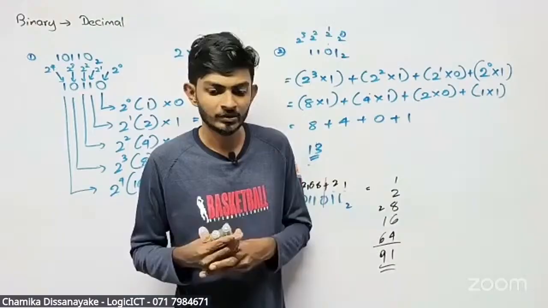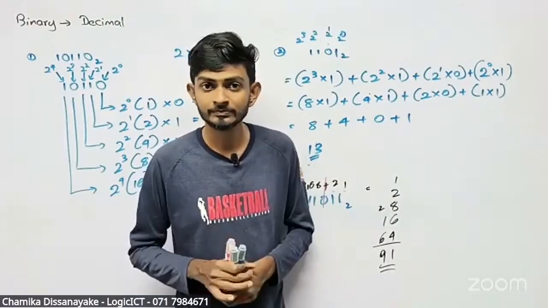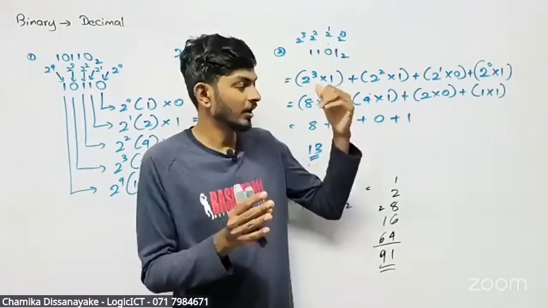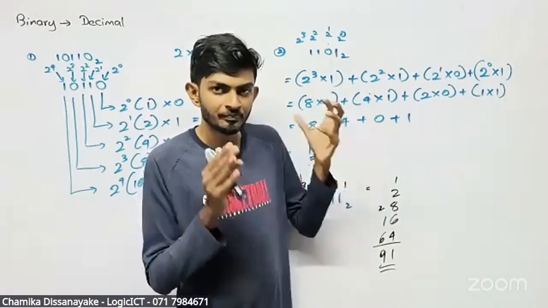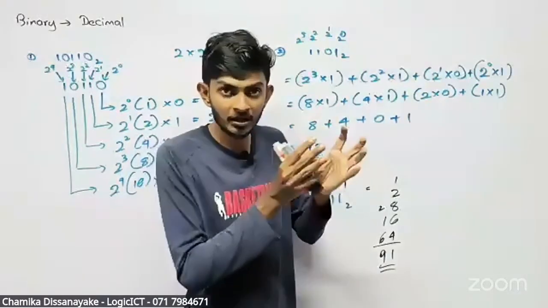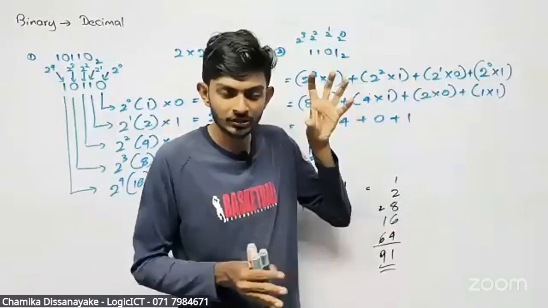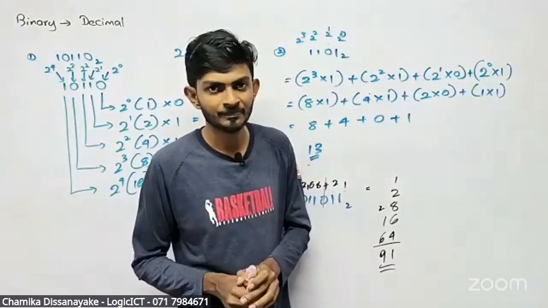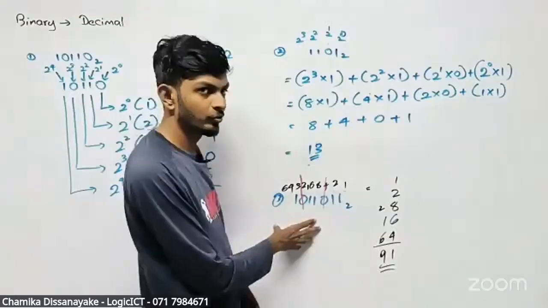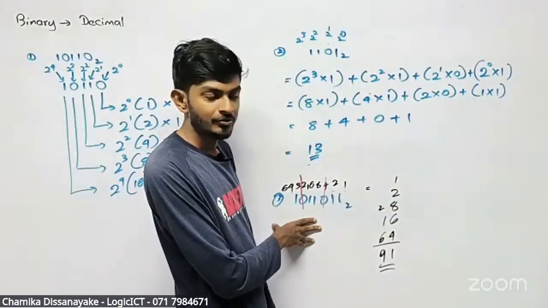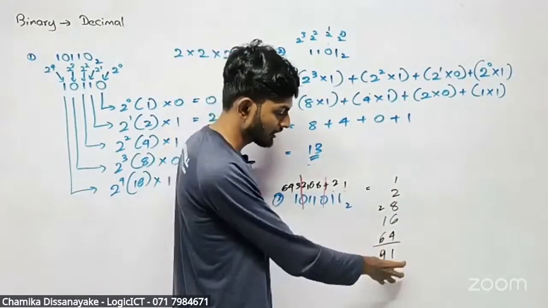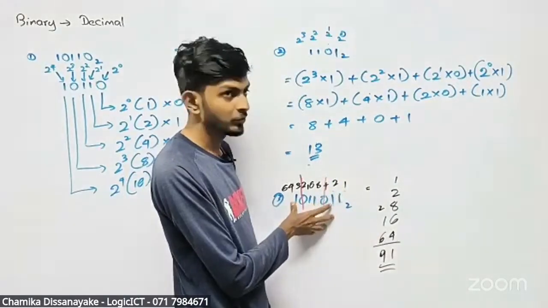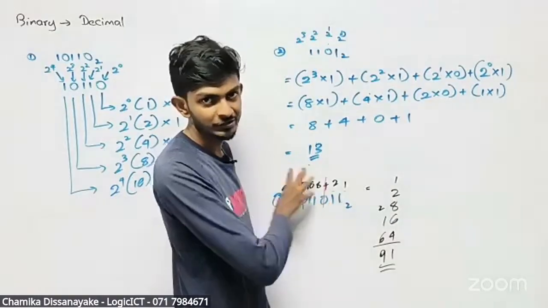I will show you a marking scale. In the second paper, if you have a question like this, they are going to allocate some marks for the calculations and also for the answer. If you wrote this method in the second paper, you will have the marks for the answer, but you will not have the marks for the calculation part because this is a shortcut.